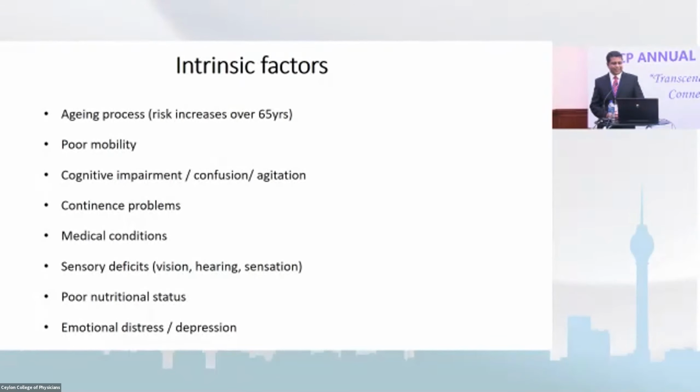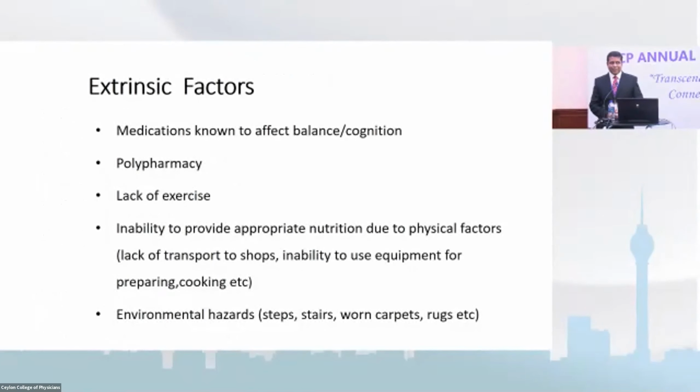Poor mobility is one intrinsic factor. Cognitive impairment, continence problems, comorbidities, sensory deficits, nutrition, and emotional factors like phobia, anxiety, and depression are some intrinsic factors.